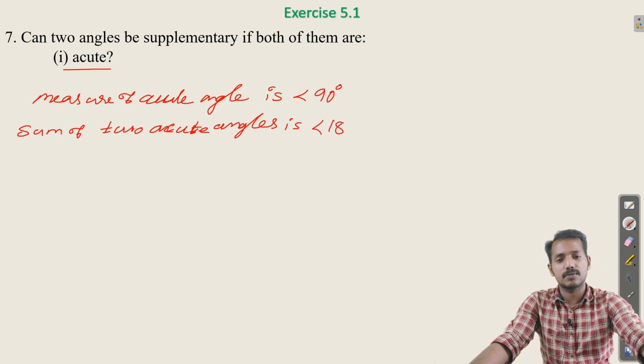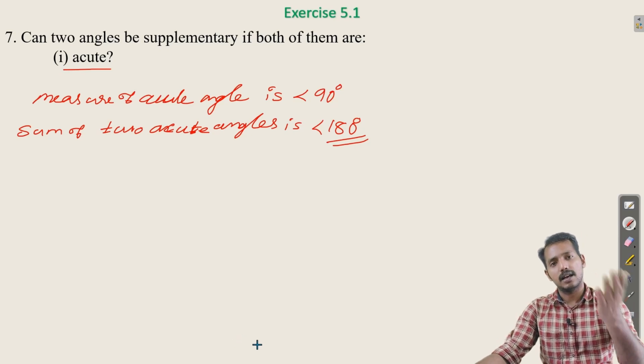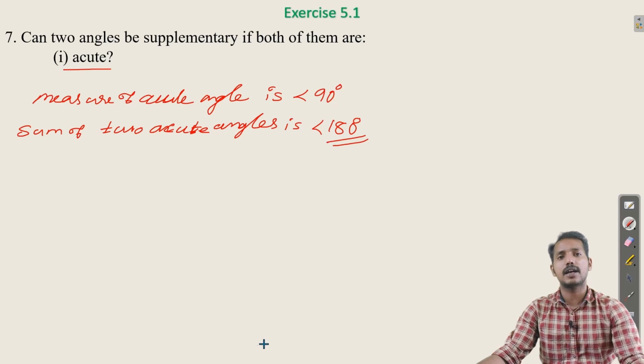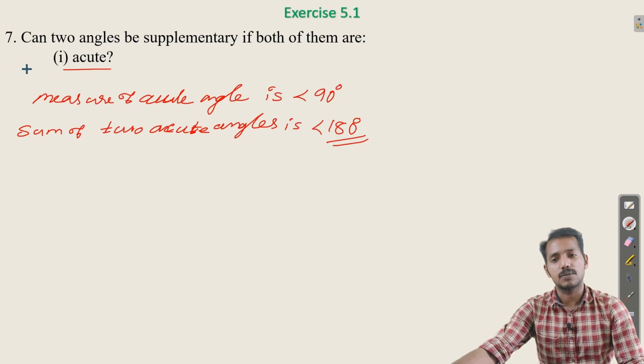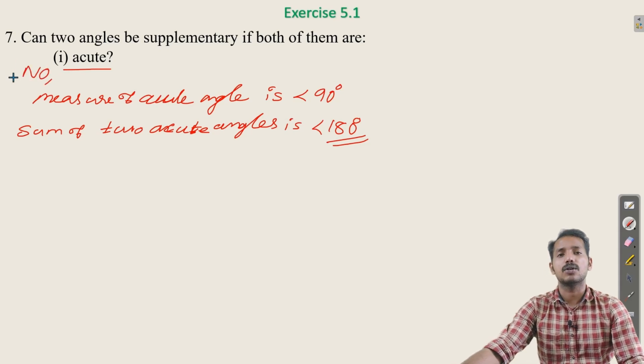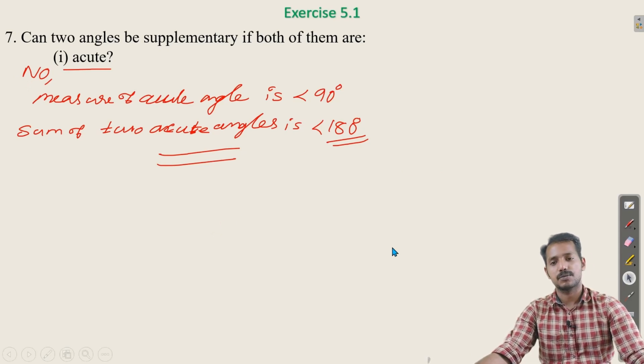Am I right? If each is less than 90 degrees, the sum of the two will be less than twice 90 degrees, that means less than 180 degrees. That means they cannot be supplementary. No, that is the answer, because to be supplementary, the sum should be 180 degrees.